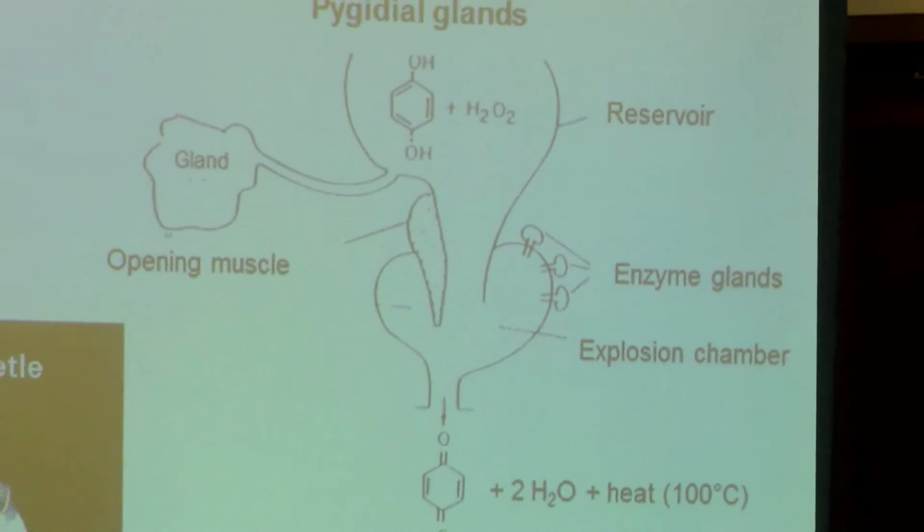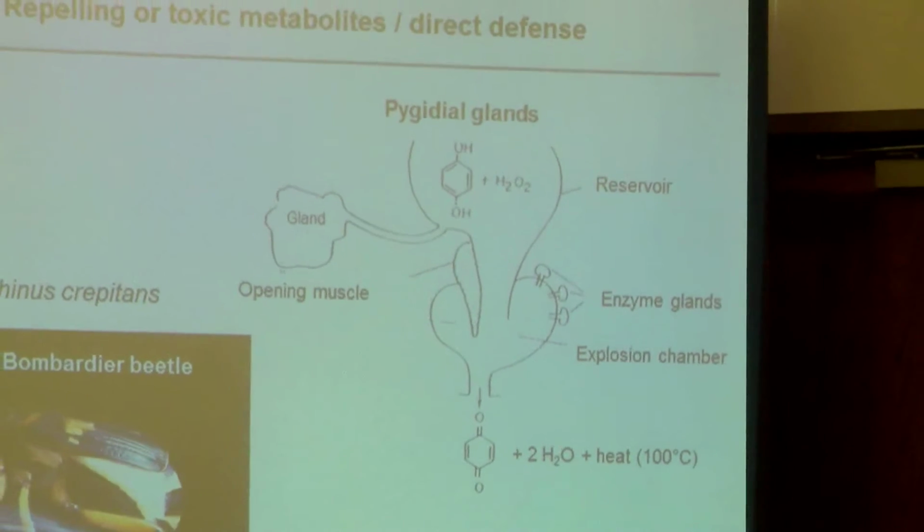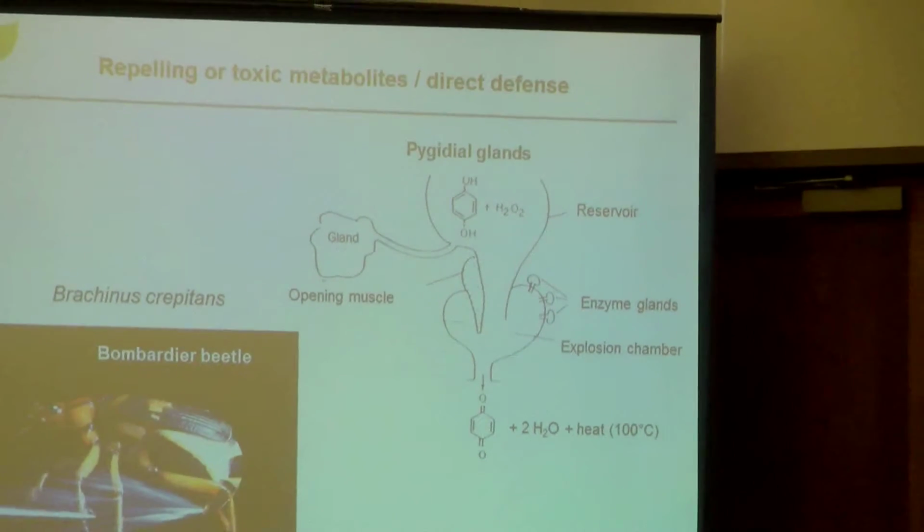This impressive and famous picture shows the bombardier beetle attacking an enemy or responding to an attack. Chemicals are involved here too. In this case, quinones are the main compounds, which are toxic or repellent to enemies of this beetle.